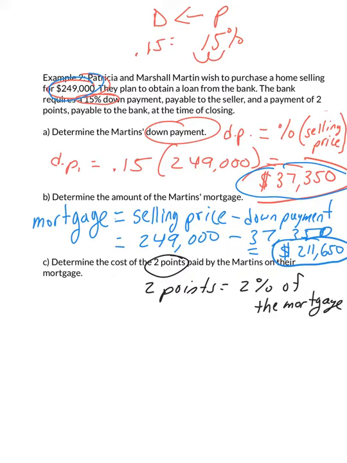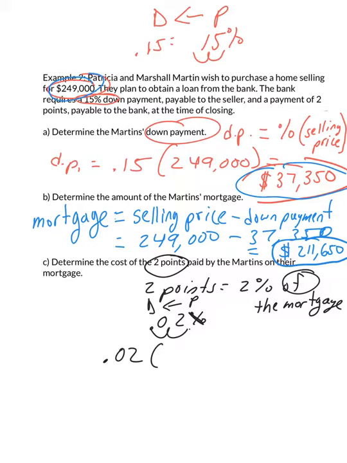As usual, let's convert 2% to a decimal. Any percent has to be converted to a pure decimal before I use it in any mathematical calculation in this chapter. So that's 2 hops to the left to go backwards from percent to decimal: 1, 2, and it becomes 0.02. Of means times. The problem says of the mortgage.